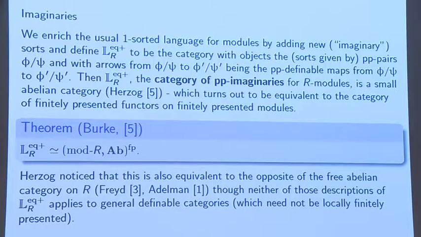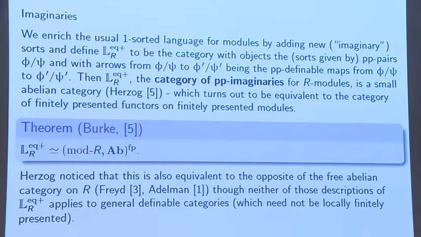The notation we'll use indicates the ring. This is the category of PP imaginaries. The eq is Shelah's notation for adding the imaginaries, and the plus indicates we're keeping the additive structure, just using PP formulas. It turns out that this category is equivalent to the category of finitely presented functors on finitely presented modules.